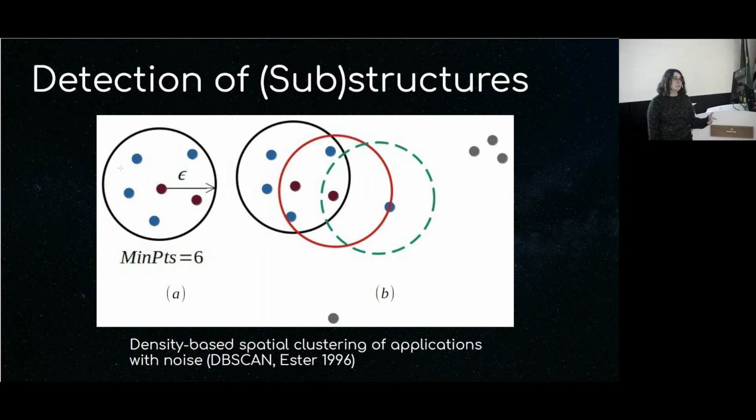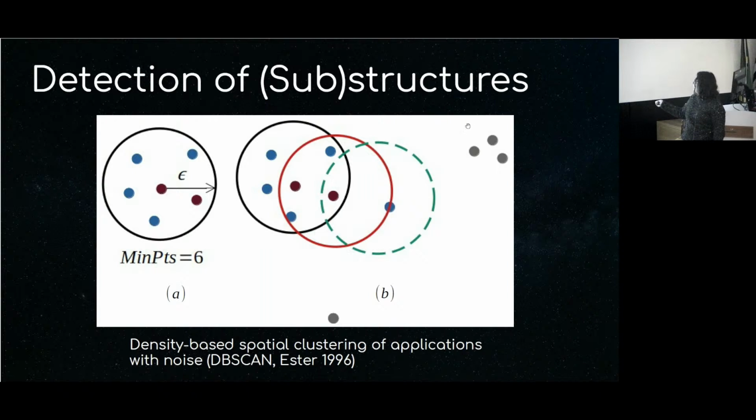DBScan is an iterative clustering algorithm in which the algorithm stops at a galaxy and searches for the neighboring galaxies, and assigns galaxies to the substructure if the galaxy has the minimum number within the radius that you define as a threshold.